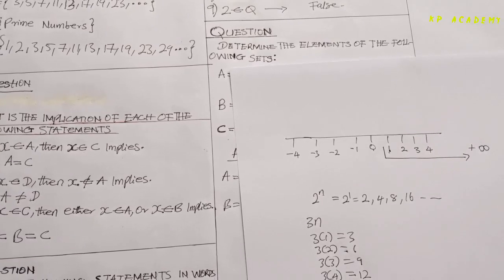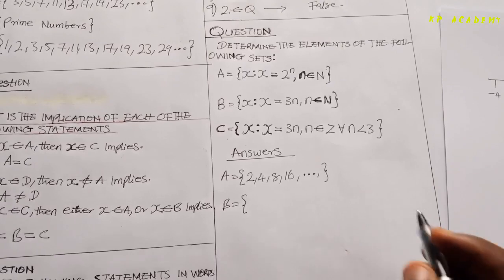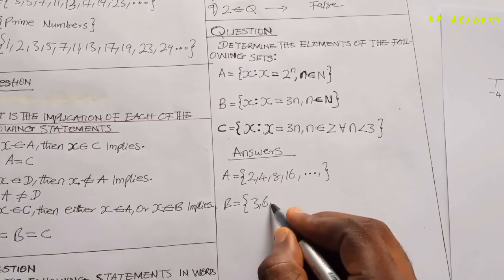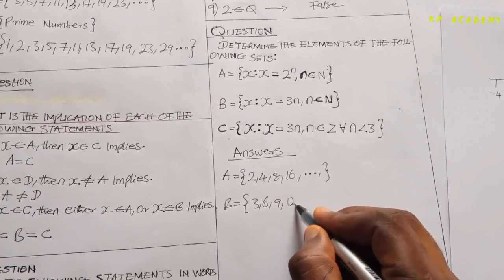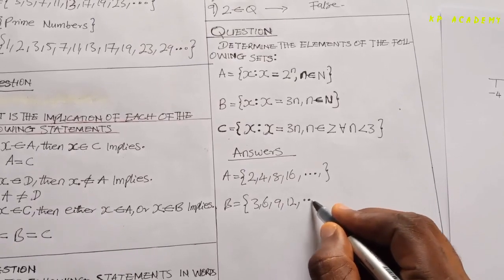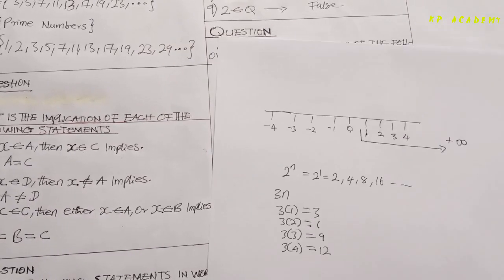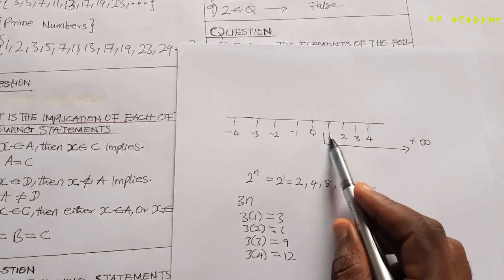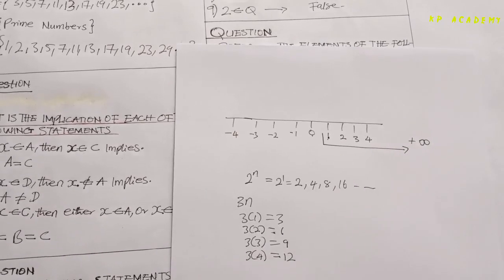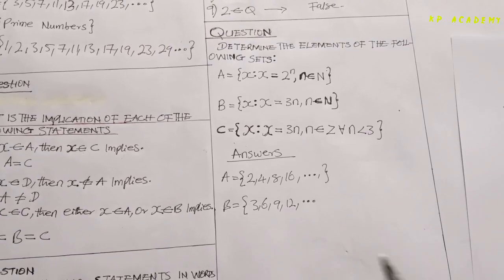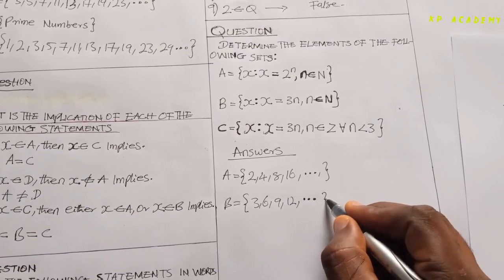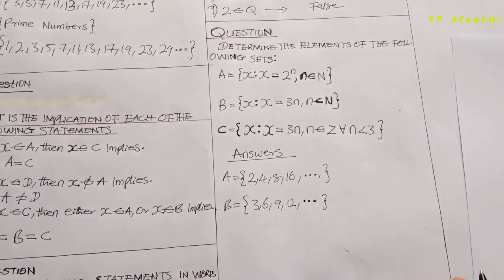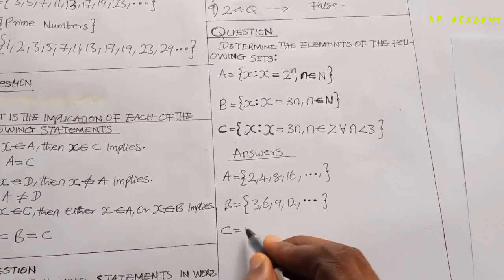So the elements are going to be 3, 6, 9, 12, and so on, because natural numbers will never end, because remember it started from 1 down to positive infinity, so it does not finish. So we can just write down a few and put 3 dots, meaning that it continues, it does not really end.